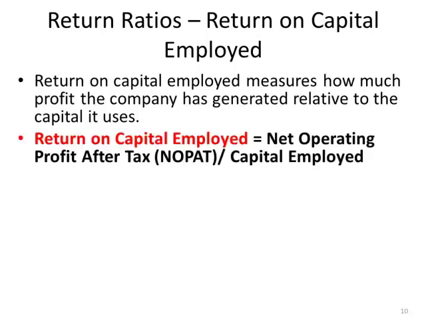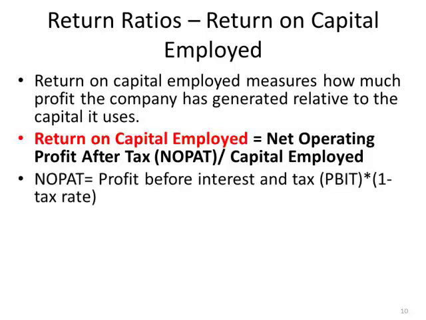So the way we calculate return on capital employed is that we take net operating profit after tax, abbreviated as NOPAT, N-O-P-A-T, and we divide that by capital employed. So what exactly is NOPAT, or net operating profit after tax?